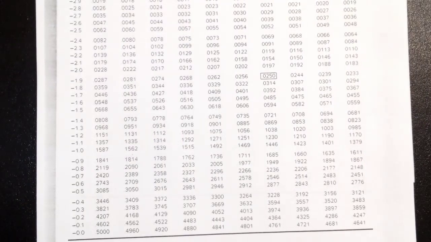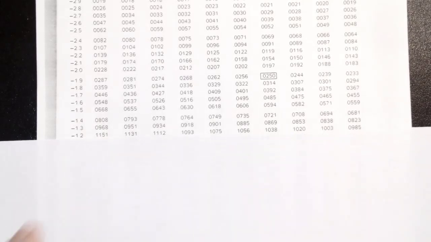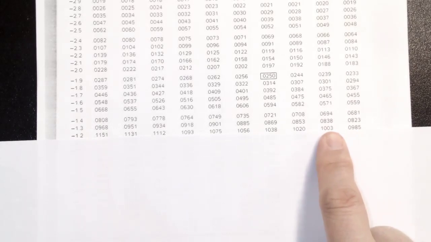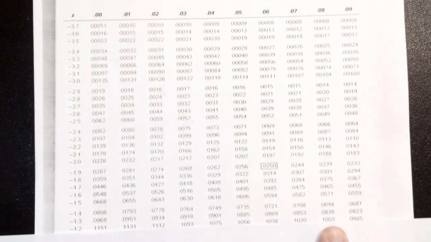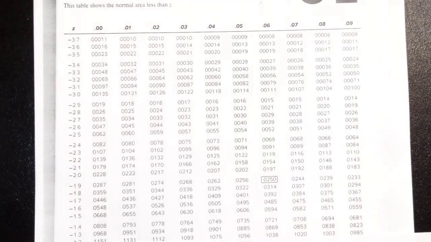Oh, here we go. 08, 10. Let me back up a little. So it'll be between these two, right? 1.2 between these two. Which one is this column? Go all the way back up to the top, and I see that's 8. So negative 1.28 is what I would get here.